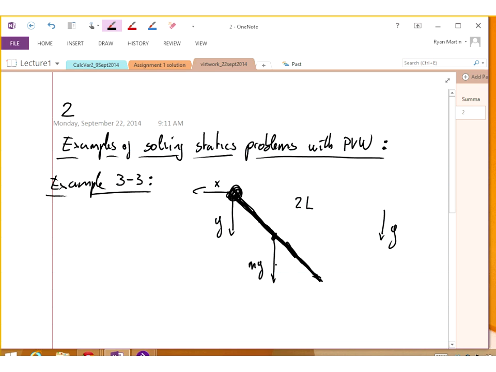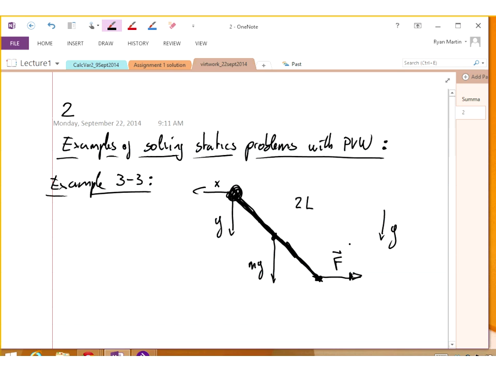And so the rod, its weight is exerted at the center of mass. And then we apply a force here at the other end of the rod, the horizontal force.